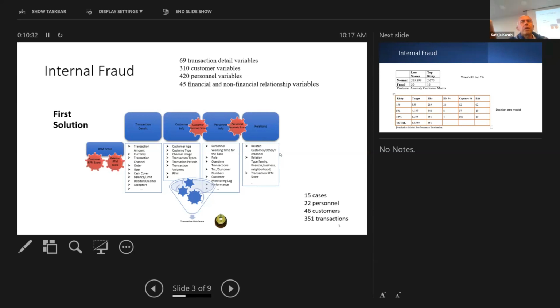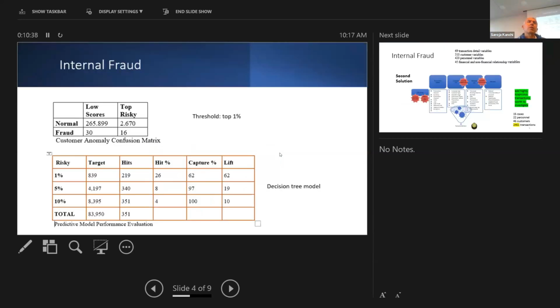So this technique seemed to be very good at the time. And what we observed as a result was, for example, anomaly detection is an unsupervised technique. It does not normally have an ability for prediction.